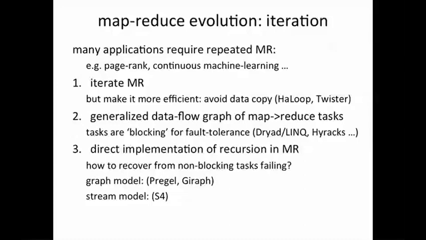So how does one recover from non-blocking tasks failing? There are two main models here. There's a graph-based model, which is exemplified by Pregel and Giraph, and there's a stream model, which is exemplified by S4. We're not going to go into details of these in this course. We just don't have the time.